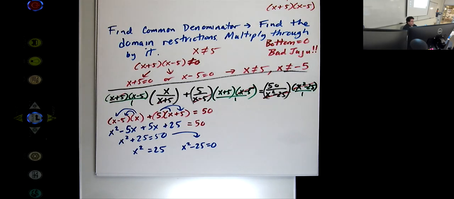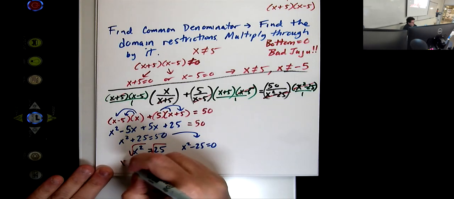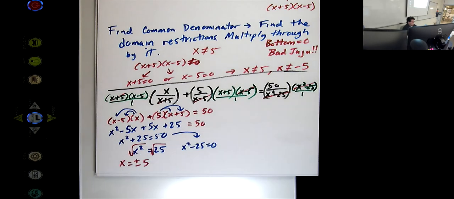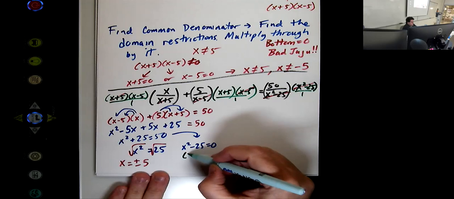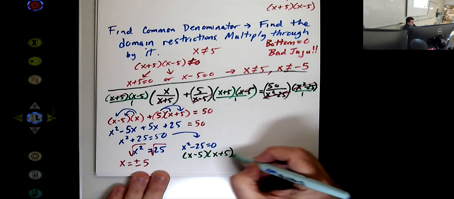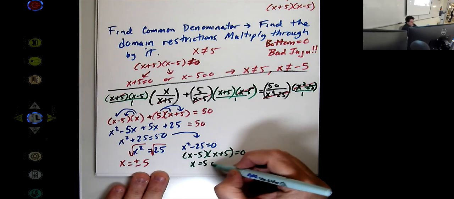When we take the square root on this, we get x equals plus or minus the square root of 25, which is 5. If I did it with the other method, I would have to factor it. And when I solve this, I get x equals 5 or x equals negative 5.